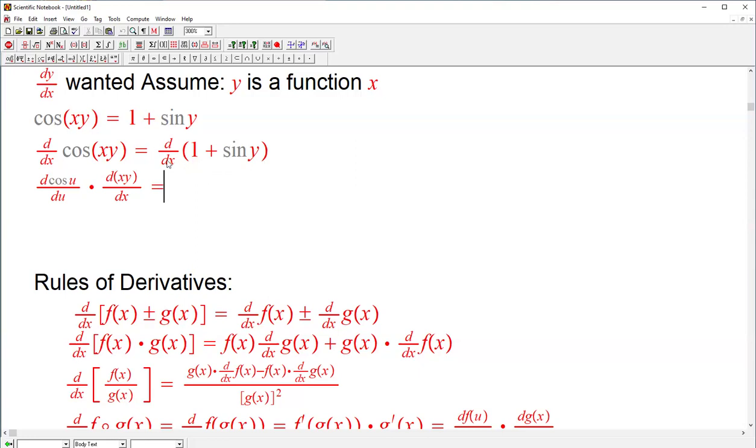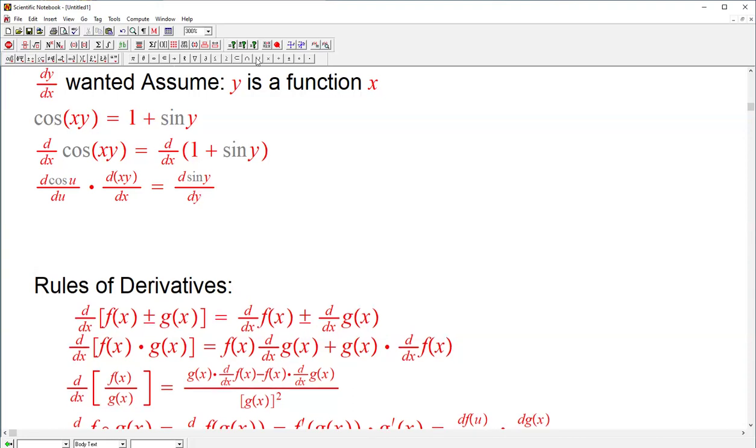So it's with a separated derivative. We're going to take the derivative of 1, which is 0, and then we're going to take the derivative of sine of y. In this case, same rule: we have the derivative of sine of y, and we multiply by dy dx.